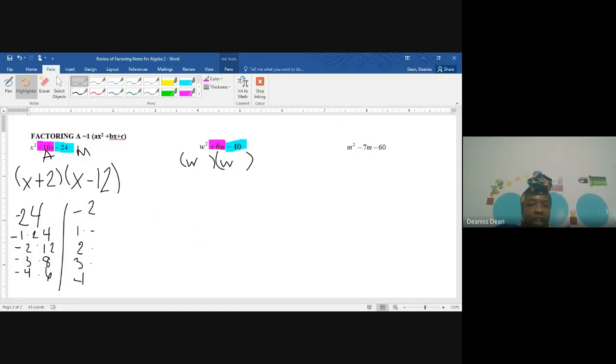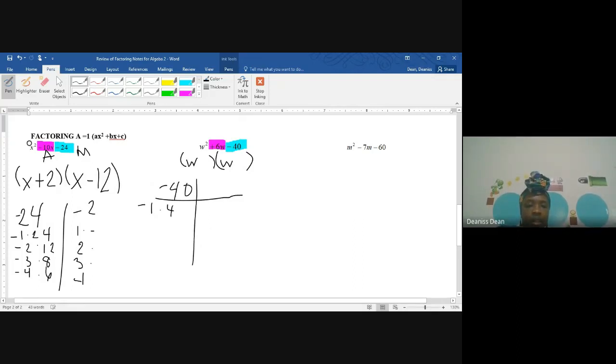So my factors of negative 40. So multiply to negative 40: negative 1 times 40, negative 2 times 20, negative 4 times 10, negative 5 times 8. Right?